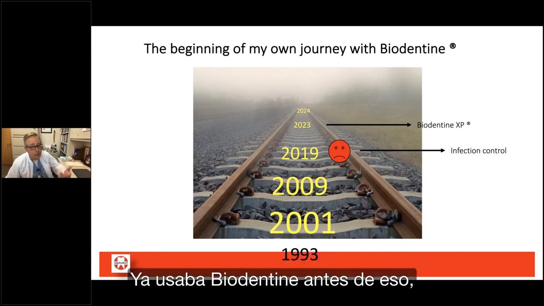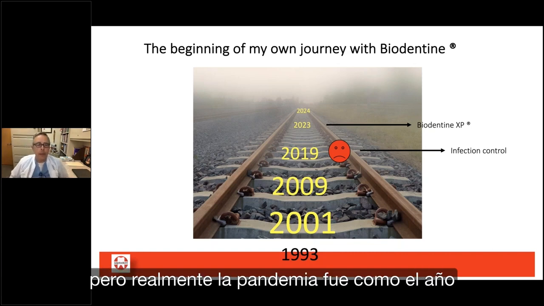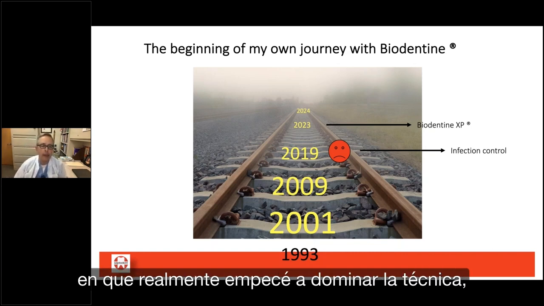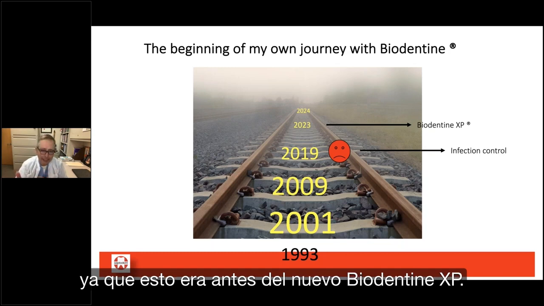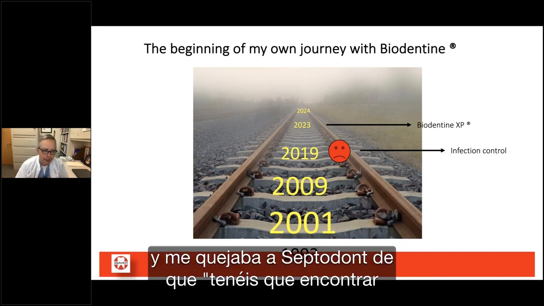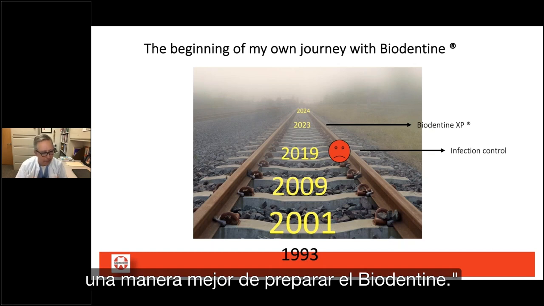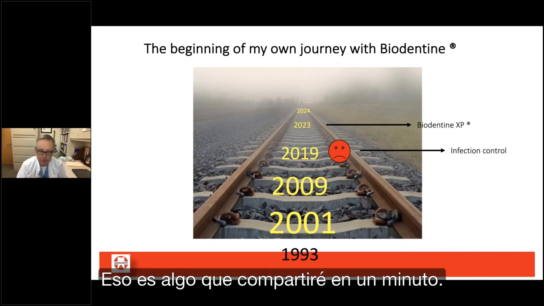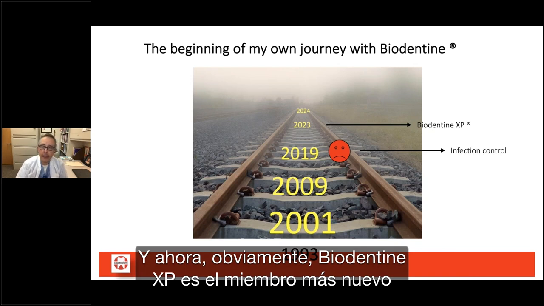I was using Biodentine before that, but the pandemic was really the year that I started to master the technique, which was before the new Biodentine XP. I learned how to mix and everything else, and I complained to Septodont that you need to find a better way to prepare the Biodentine. I will share that in a minute. And then obviously Biodentine XP is the newest member of the family.